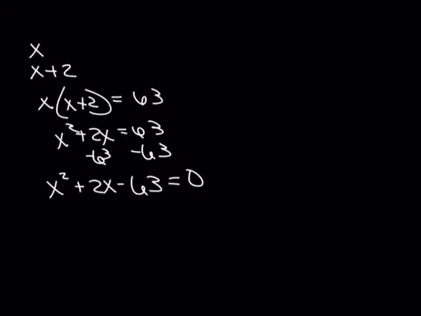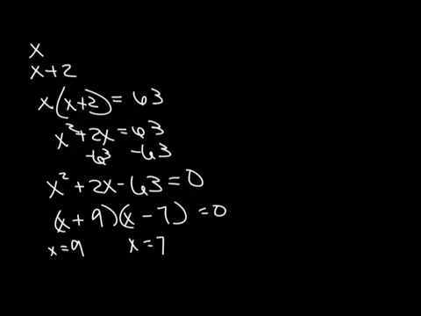And then, in order to find x, we make two binomials, x and x. So two numbers multiplied together give you negative 63, and added give you 2. So let's do this and this, because 9 minus 7 is positive 2, and 9 times negative 7 is negative 63. So then we've got x equals 9 and x equals 7.